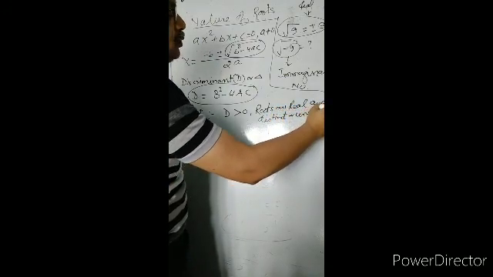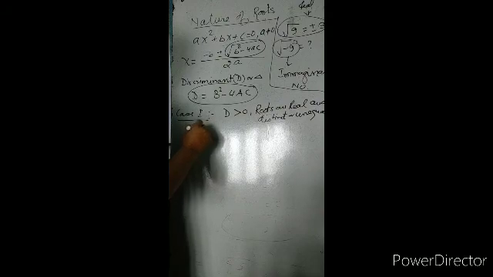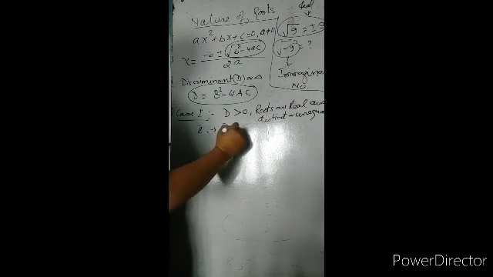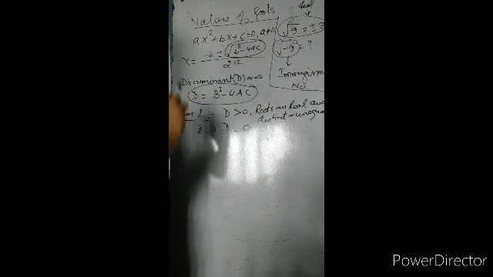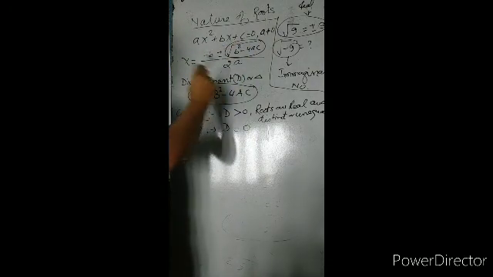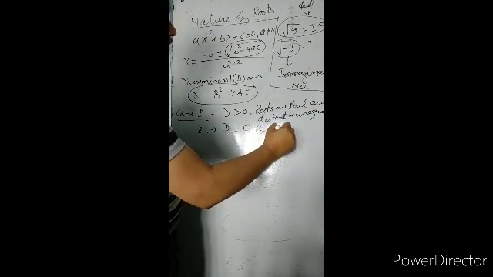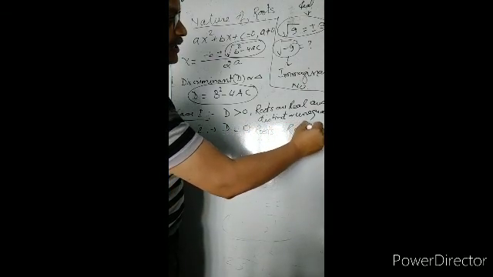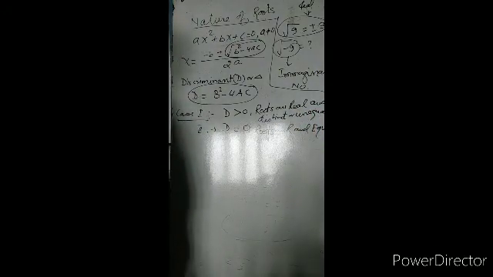It means you will get two different real roots. But when the discriminant is equal to 0, this plus minus goes away, so you will get only one value of x. So the roots are real and equal. Two equal real roots you will get when the discriminant is equal to 0.